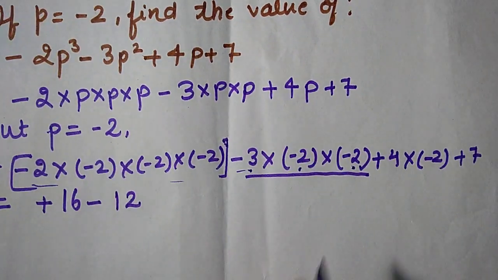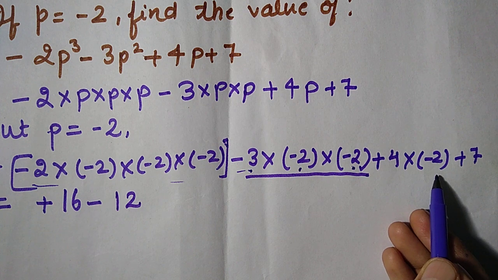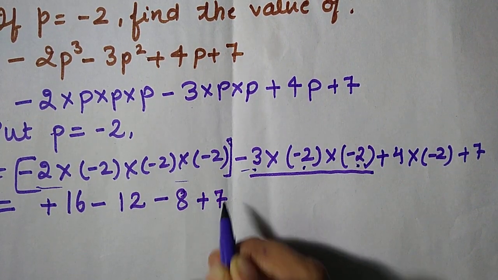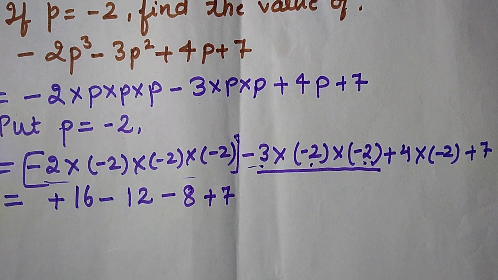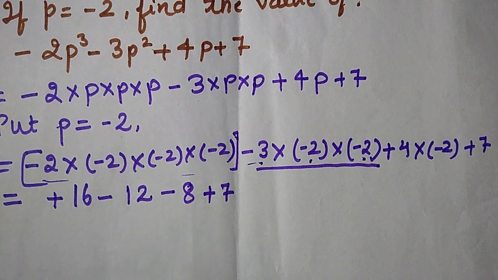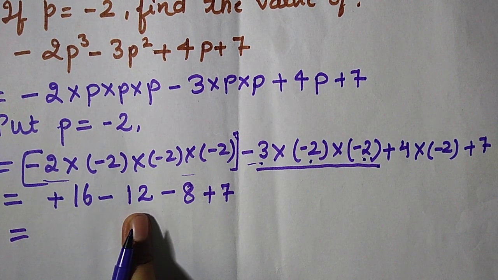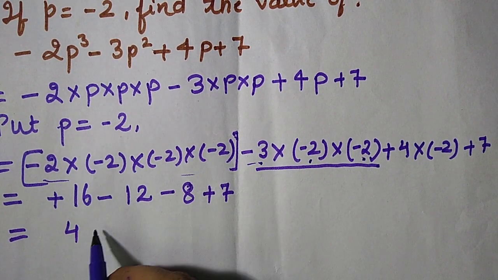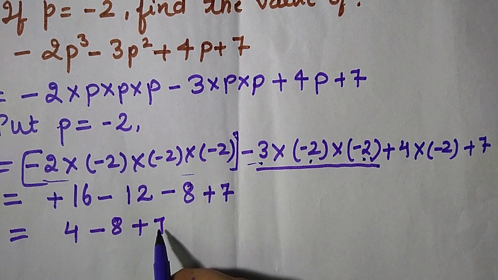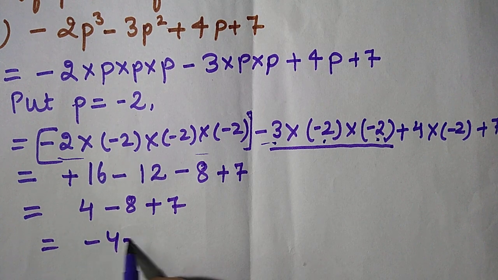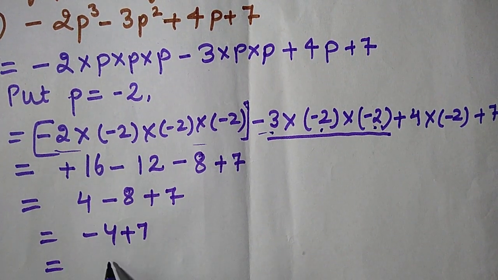Then 4 into minus 2 will be minus 8, and plus 7. Now I will solve these. 16 minus 12 is 4. 4 minus 8 plus 7. So 4 minus 8 is minus 4, plus 7, and that is equal to plus 3.